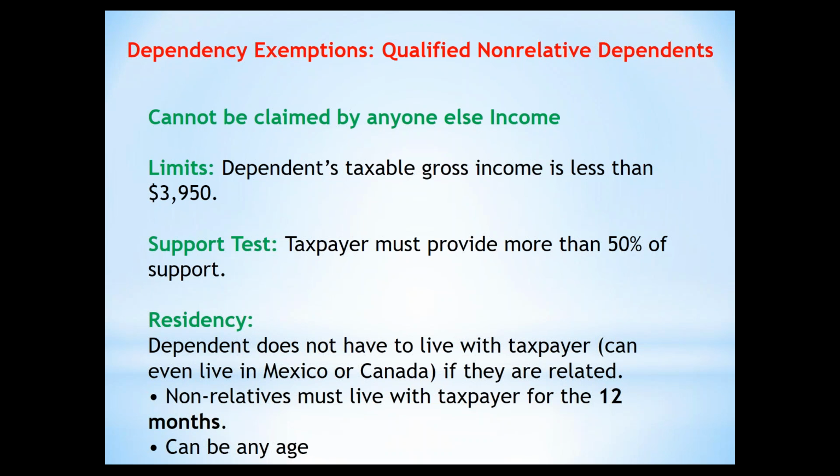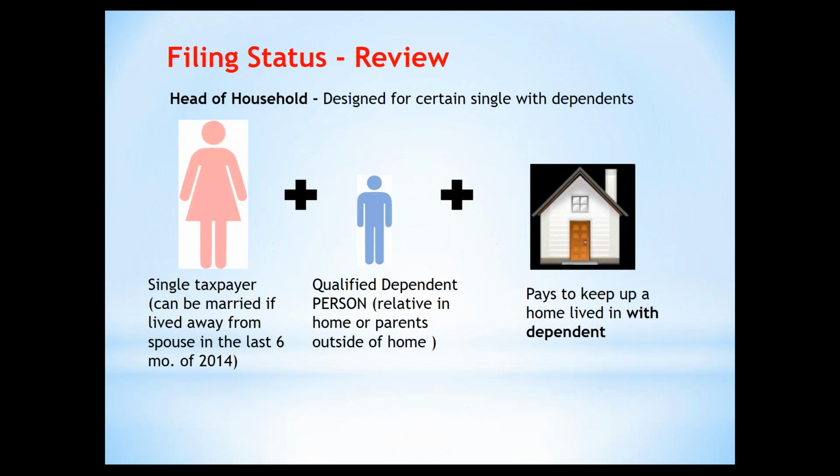That would be pretty obvious, though, based on their earnings. And then they have to have lived with the taxpayer for all 12 months, but they can be any age. They have to have been in the home all year. That's the big caveat with the non-dependent relatives.